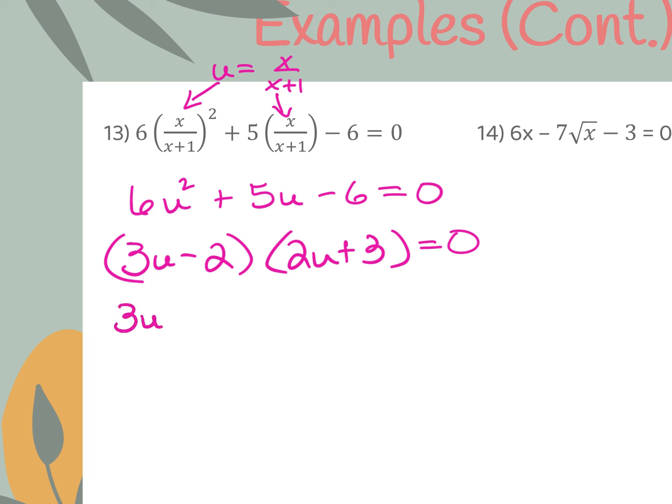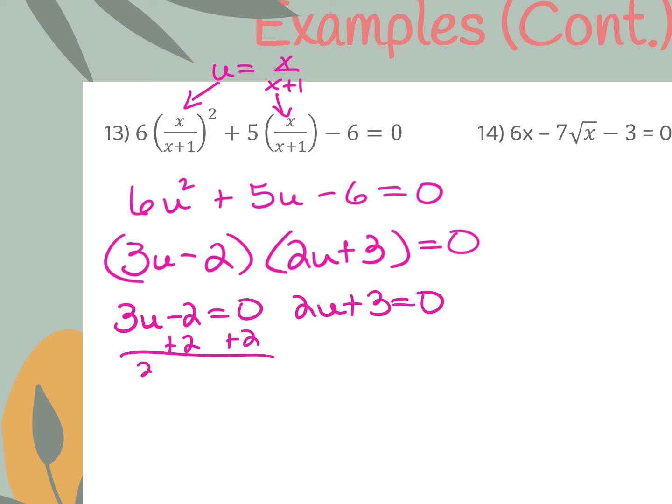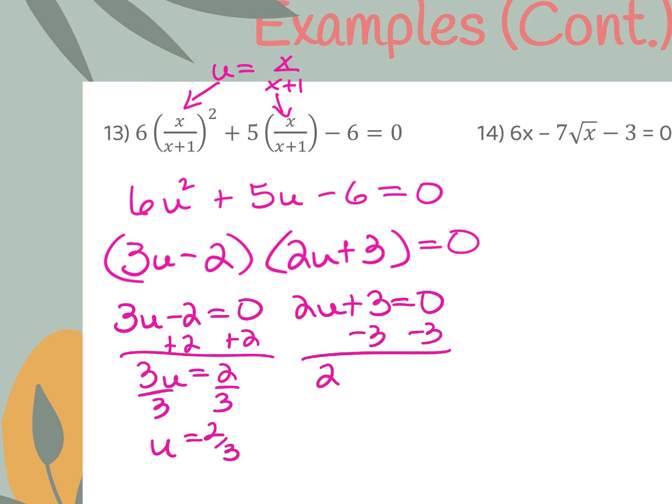So set each of the factors equal to 0. Add 2. Divide by 3. So u equals 2/3. This one. Divide by 2. And u equals -3/2.